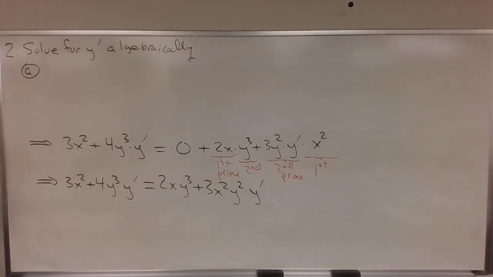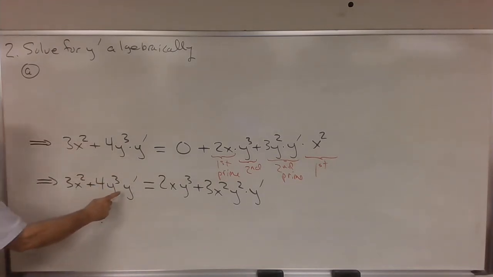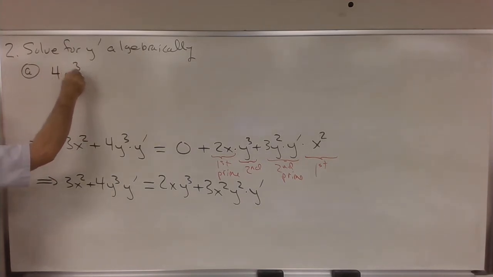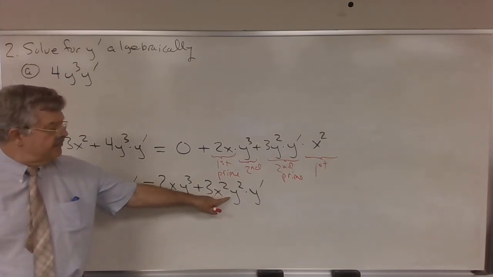And the first thing we do is we get all the y prime terms on the left and everything else on the right. This term has a factor of y prime, so it can stay. This term has a factor of y prime.